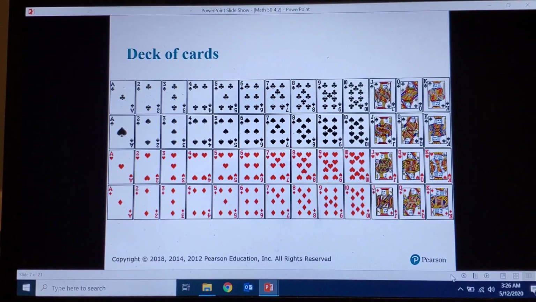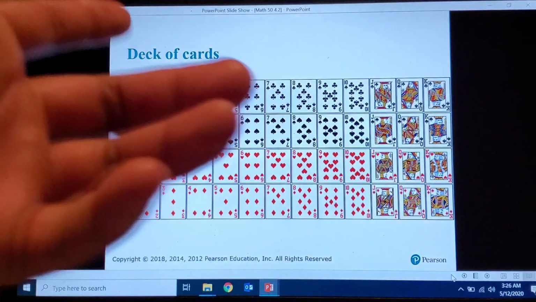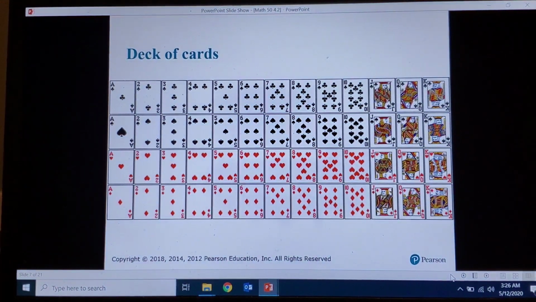It could be a king of hearts, but you can't have a jack or a queen with a king at the exact same time. If you're only pulling one card out, you're just trying to find the probability of if that card is going to be a king or a jack or a queen. You can't just pull one card and then have a jack, queen, king all in that one card. It's only going to be one of those 3.